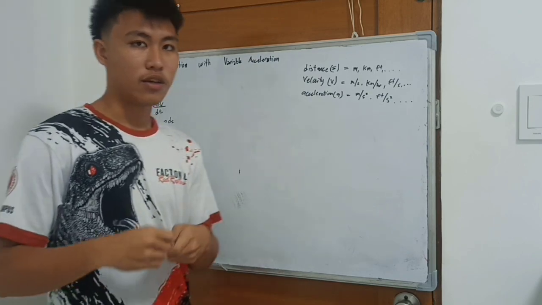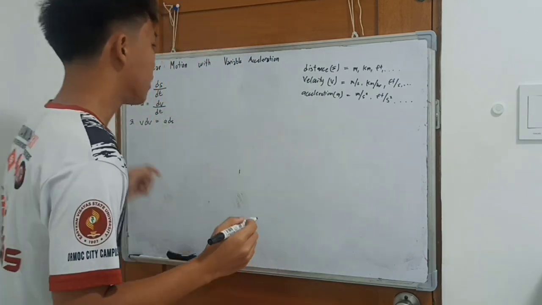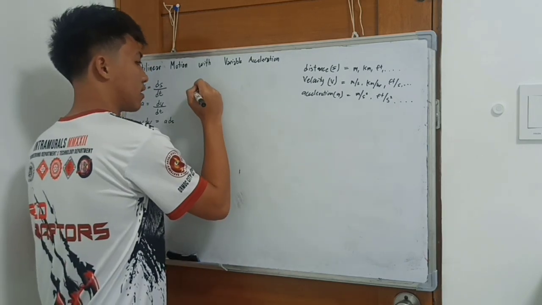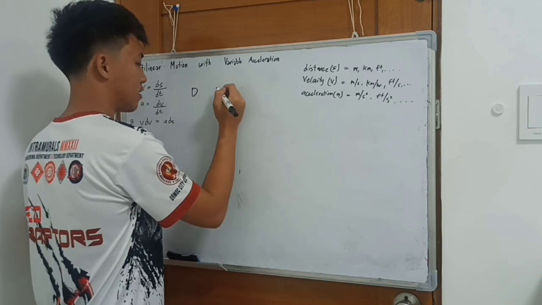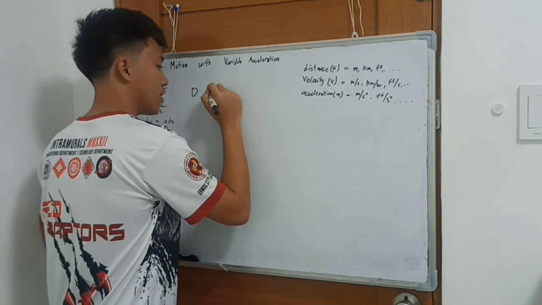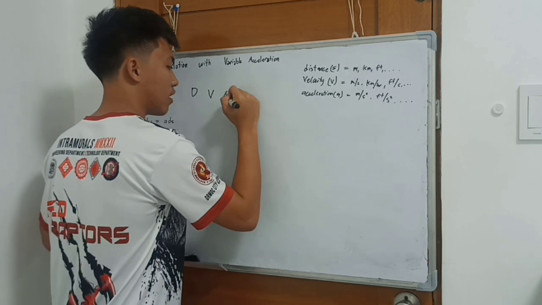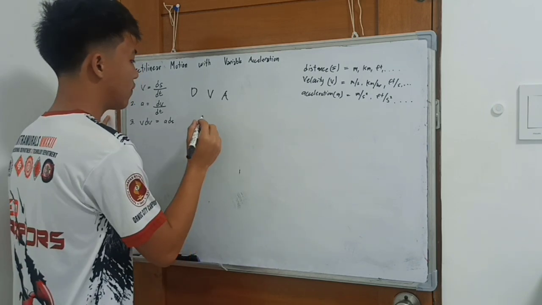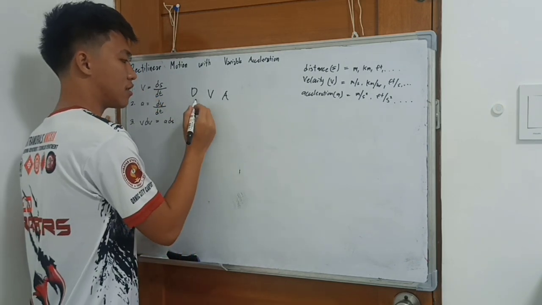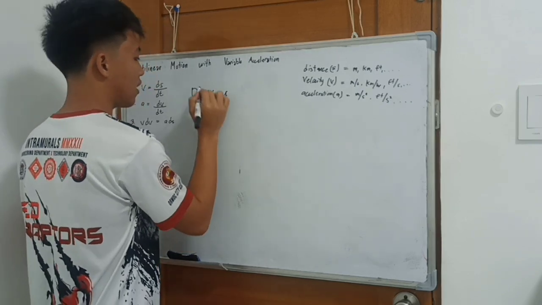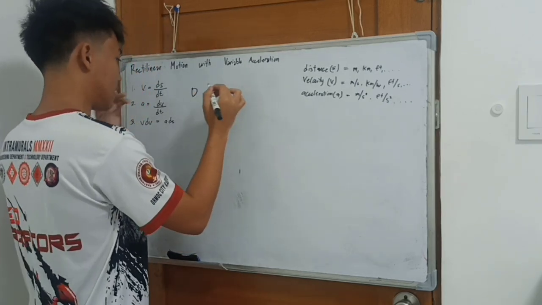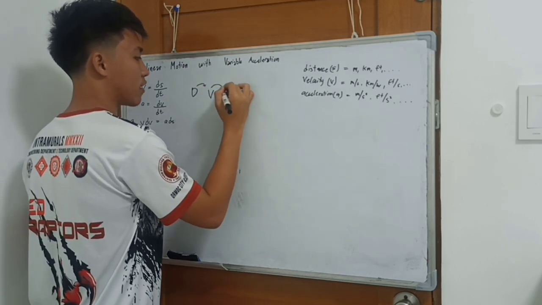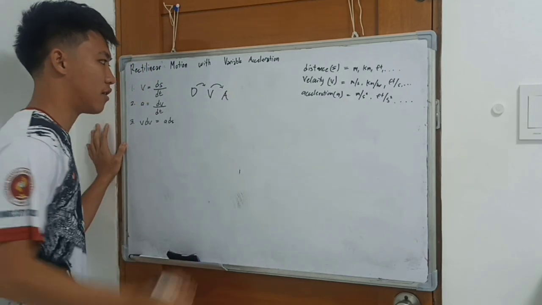So I have a trick for you guys. We can say that d is distance, v is velocity, and a is acceleration. If the given equation is the distance, we can get the velocity by deriving the function of time, and derive again, so we can get the acceleration.